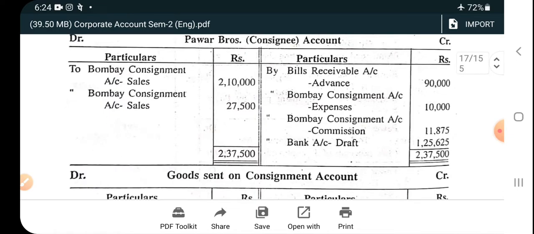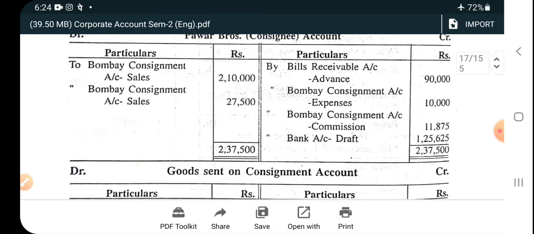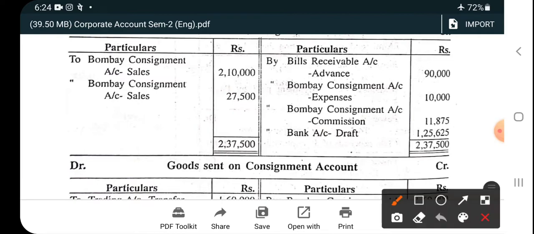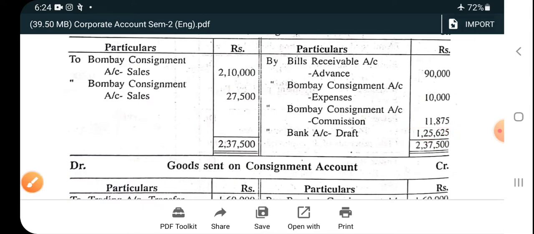First is for bill, second is expense paid by consignee and given by consignor to him, and third is consignee receives commission from consignor. So the total of the debit side is 2,37,500, transferred to the credit side, and the difference is found out. The difference is 1,25,625.